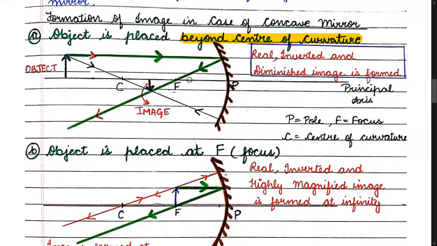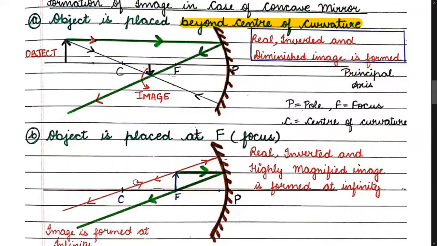Beyond center of curvature means the object is placed farther away from the center of curvature and also away from the mirror. So students, here in this case, the object is shown with the arrowhead, and now let us see how to draw the diagram.